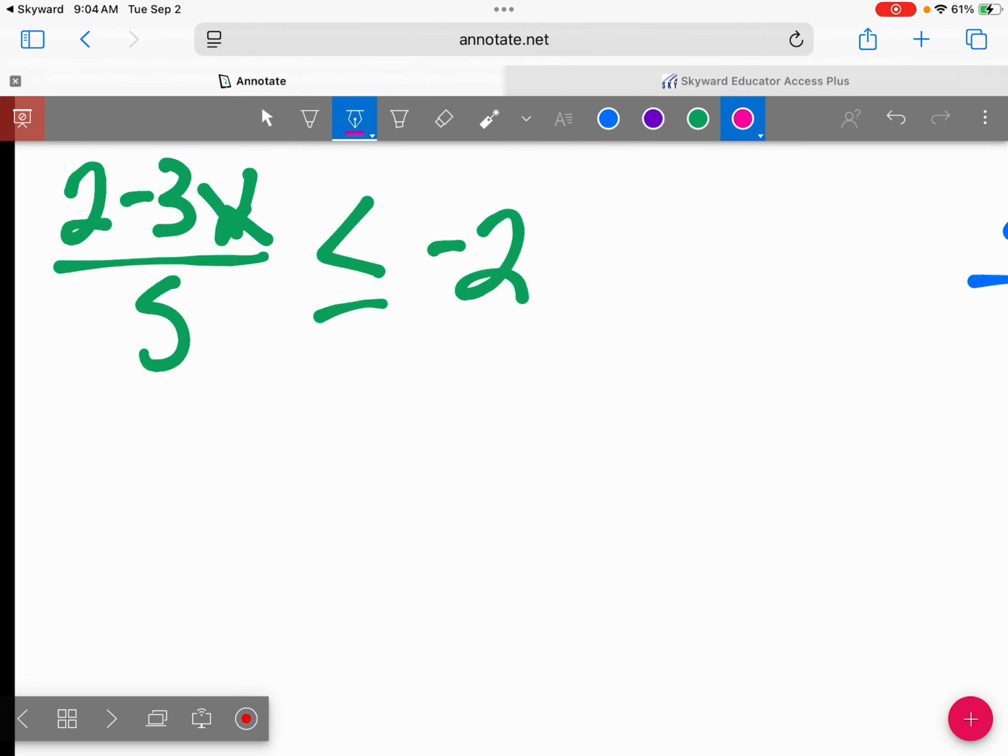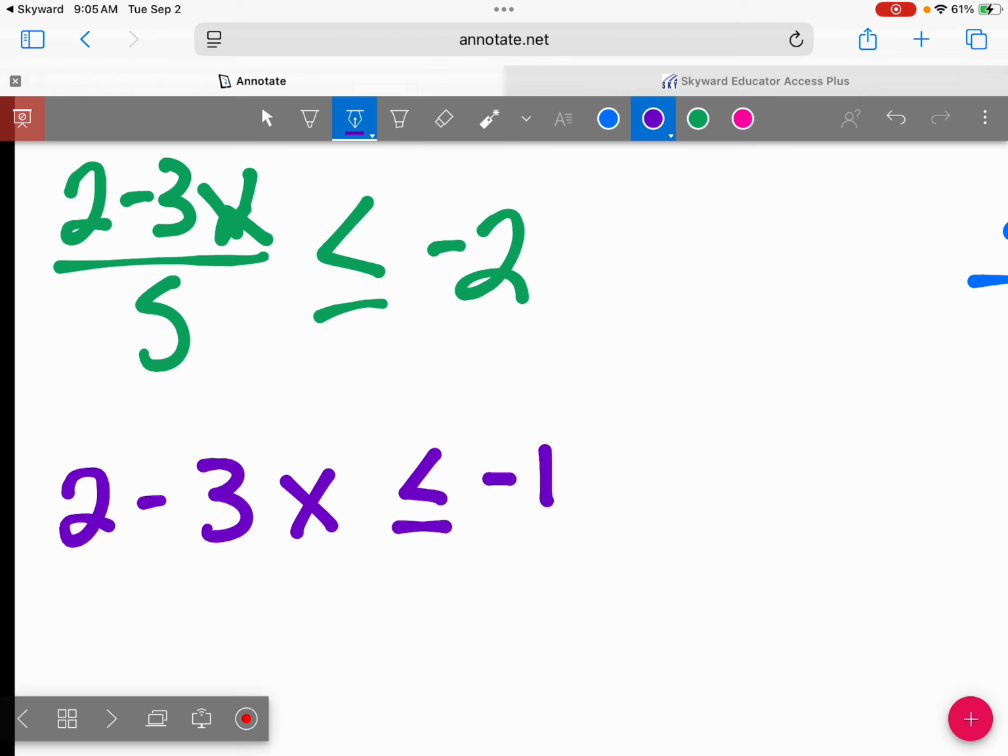Multiply by 5. That's going to give us our 2 minus 3x less than or equal to negative 10, because we're times by 5, times by 5.